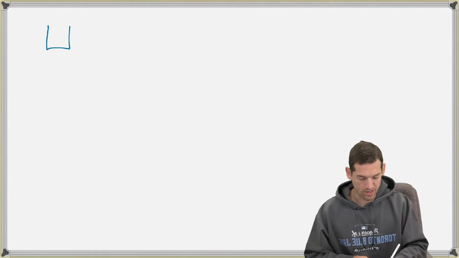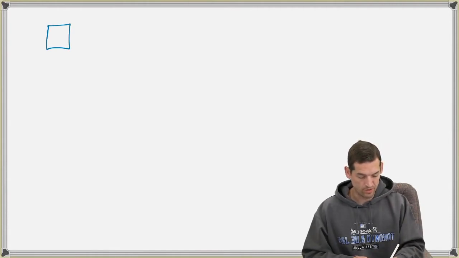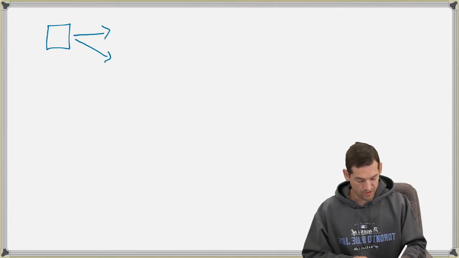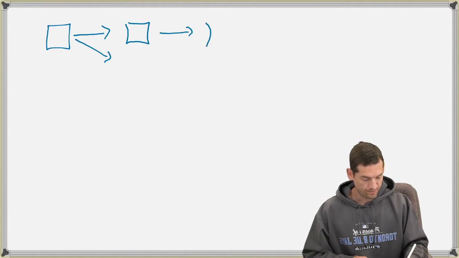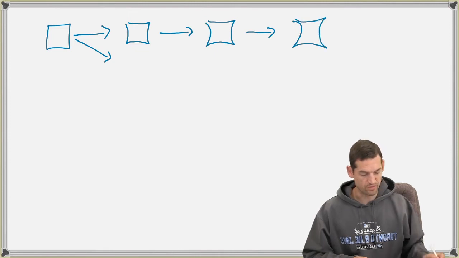So if we use my shapes again, gradualism might say, well, this group has split, and this group is going to become more and more kind of spiky, gradually getting more and more different.